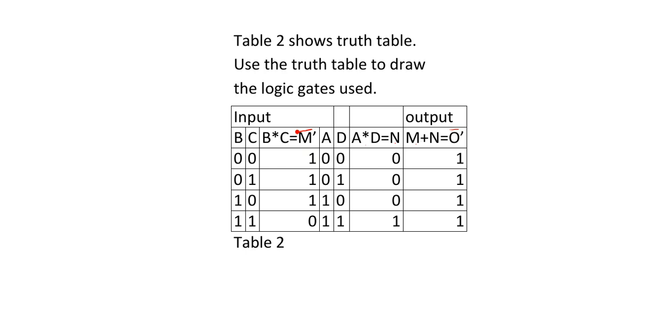So first of all, you have to pass these two inputs B and C in a gate that represents the AND operation, and this gate is the AND gate.